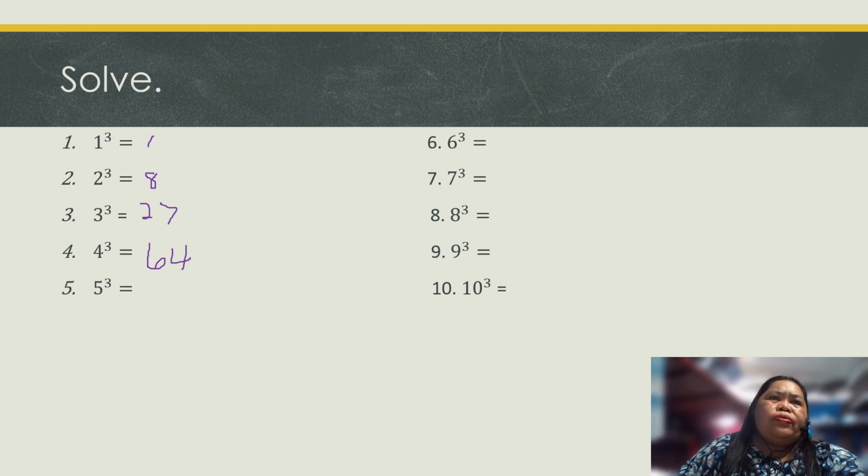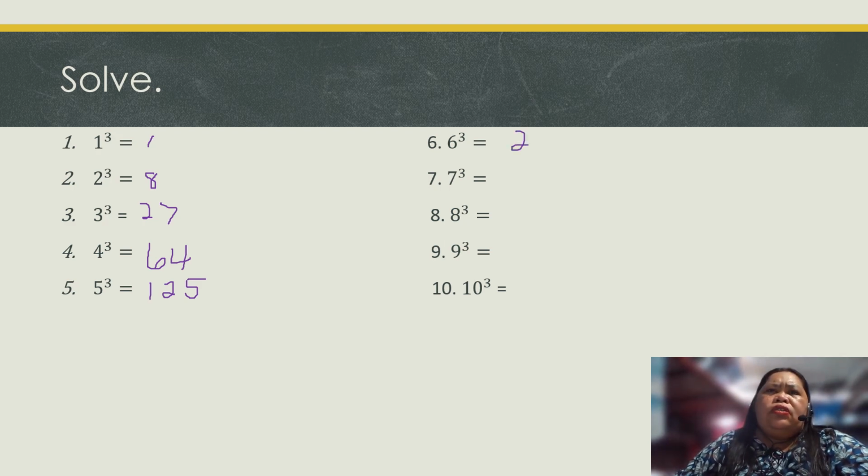This is 5 times 5 is 25, times 5 is 125. Then 6 times 6 is 36, and 36 times 6 is 216.